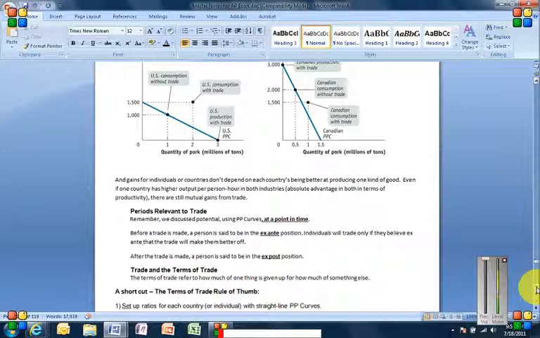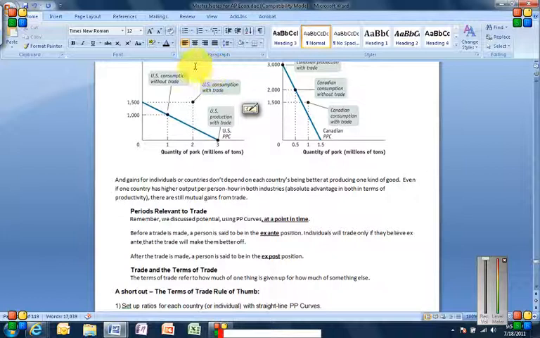Trade and terms of trade are also really important. Terms of trade, once two individuals or two countries come together and say, all right, I'll trade X amount of this for X amount of what you've got, are the terms of trade. Now, up until this point, what you've had to do is look at some numbers, maybe throw out some numbers, and by trial and error say, yeah, this would be acceptable terms of trade for both countries.